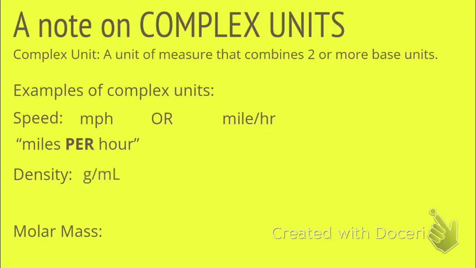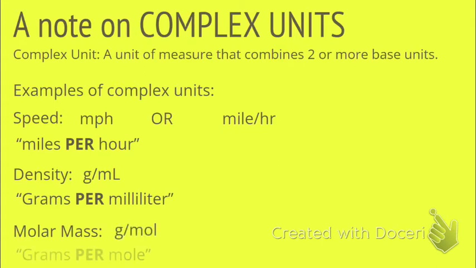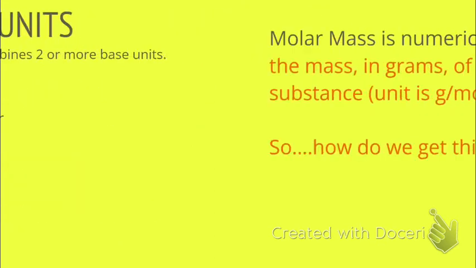Density, which we learned about last unit, is grams per milliliter. That's how many grams are in 1 milliliter. Molar mass, our new unit, is grams per mole. Again, that is how many grams per 1 mole. That's per 1 hour, per 1 milliliter, and per 1 mole.